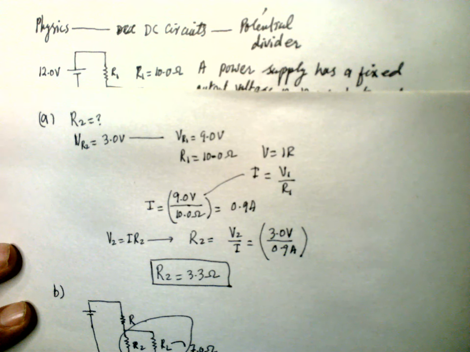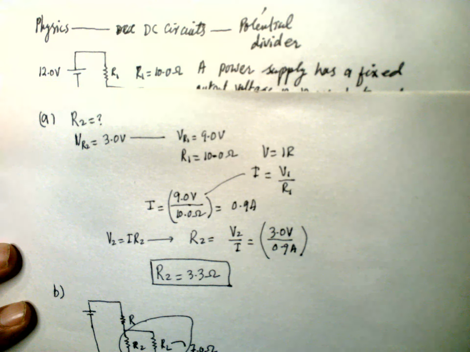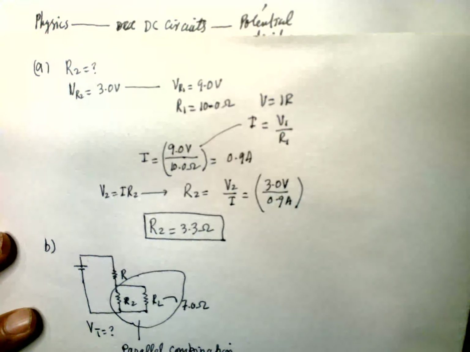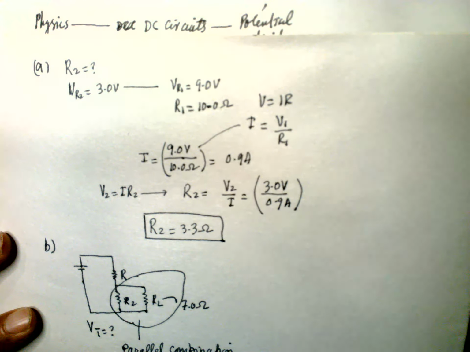So R equivalent is equal to 1 over R2 plus 1 over RL, and this is equal to R2 RL over R2 plus RL.